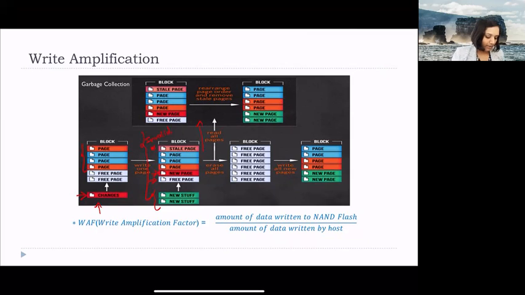Thus, what we do is we read all the valid pages, everything that matters to us in this block, take a new block, and place all the things that matter to us in this new block, and now this new block will have 2 free pages. So we can add this new stuff to those 2 free pages. And what happens to the old block?